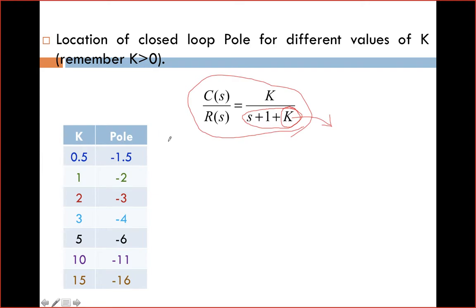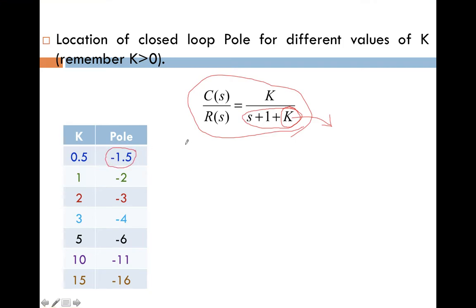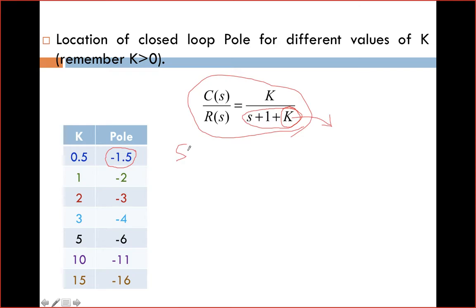For example, if you substitute k equal to 0.5 in this equation, s plus 1 plus 0.5, the pole value is s equal to minus 1 minus k. I am writing on the screen. So s is equal to minus 1 minus k.